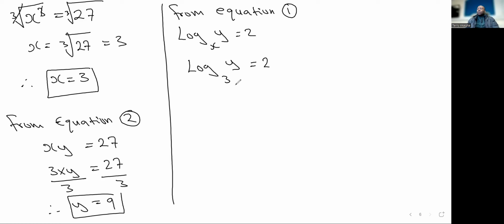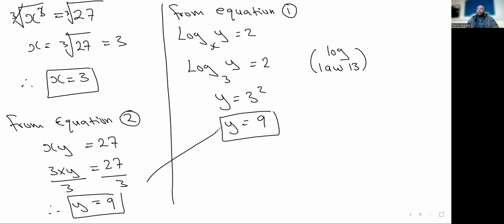Then I'm going to convert this to index form. So 3 raised to the power 2 is equal to y. So y is going to be equal to 3 raised to the power 2, and 3 raised to the power 2 is equal to 9. And that's exactly the same thing we got here. All right. So therefore, x is equal to 3 and y is equal to what? 9.